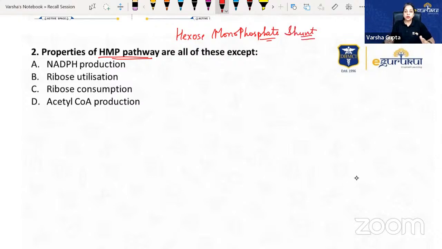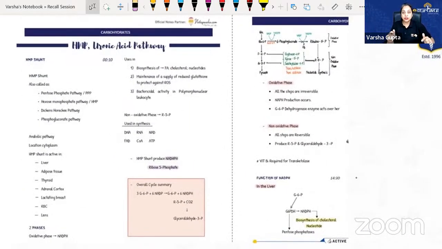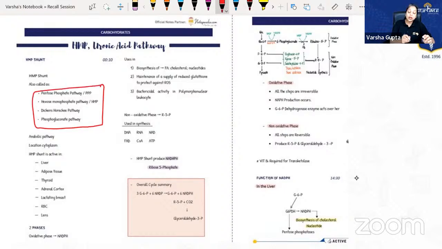Anybody like to add or delete, or make me erase some of the options or change an option? We know there are several names of the HMP shunt. That's also something we have done in the class, which is available to you via the Notespedia too: pentose phosphate shunt, hexose monophosphate shunt, Dickens-Horecker pathway, which we least hear but sometimes they're tricky with, also known as the phosphogluconate pathway.